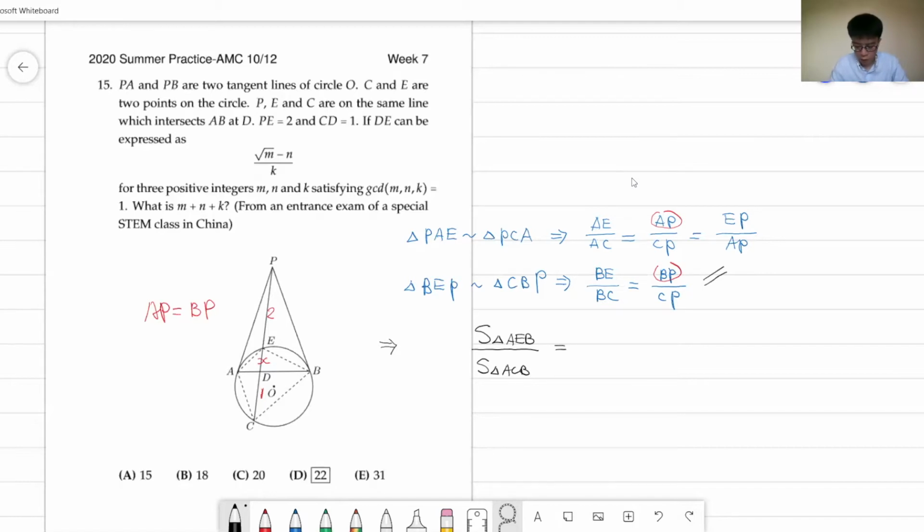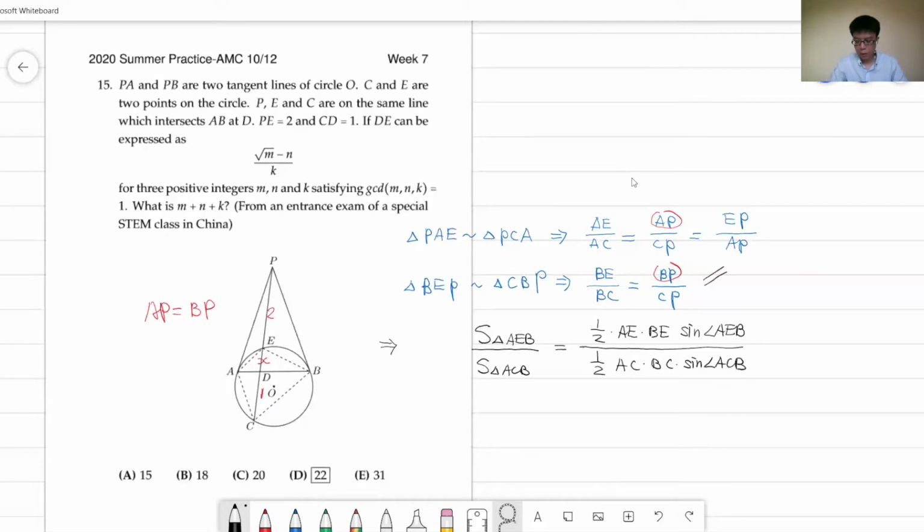So the area of triangle AEB is 1/2 AE times BE times sine angle AEB, over 1/2 AC times BC times sine angle ACB.